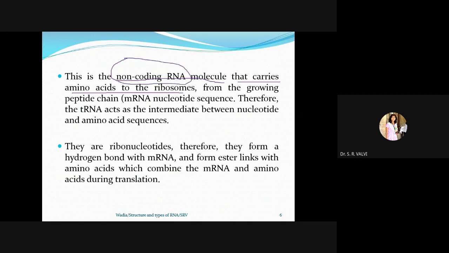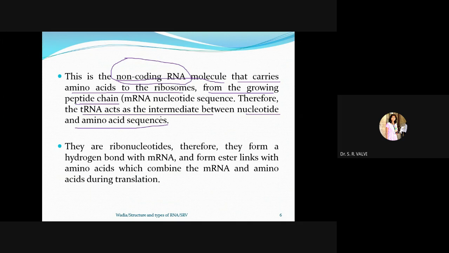It only carries the amino acid for the growing peptide chain, according to the mRNA nucleotide sequence. Therefore tRNA acts as an intermediate between the nucleotides present on mRNA and the amino acid sequences.